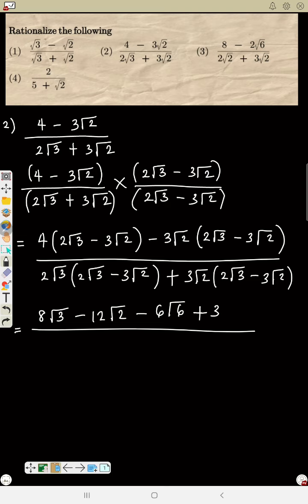So see it again, square root of 3 times square root of 2, that is square root of 6. Again square root of 2 times square root of 3, we have root 6.